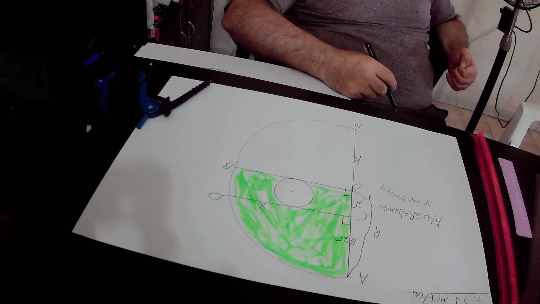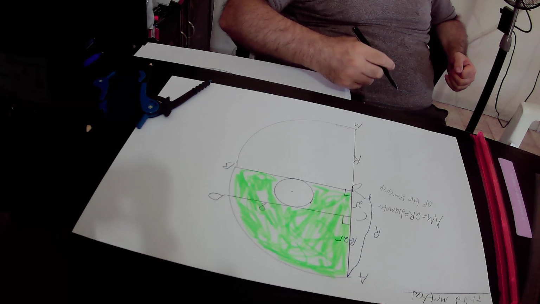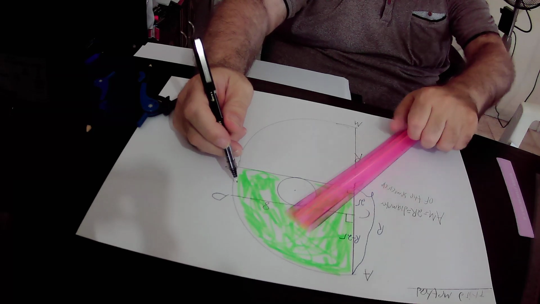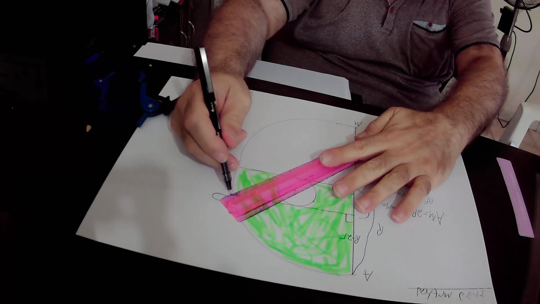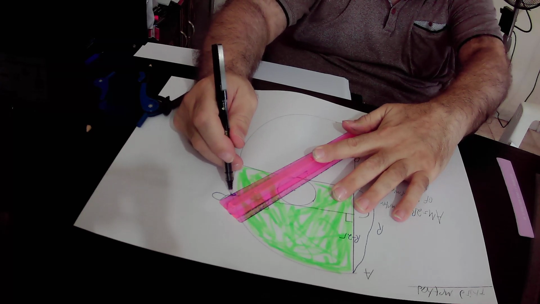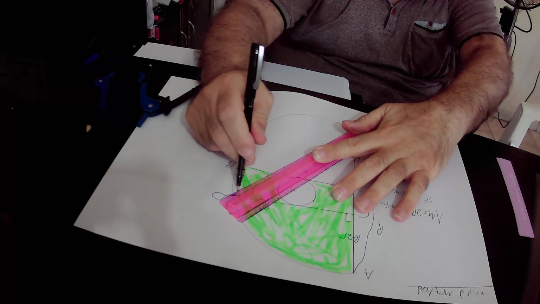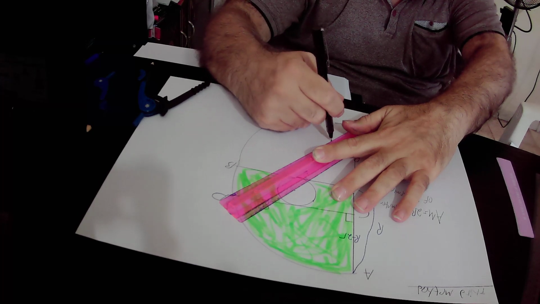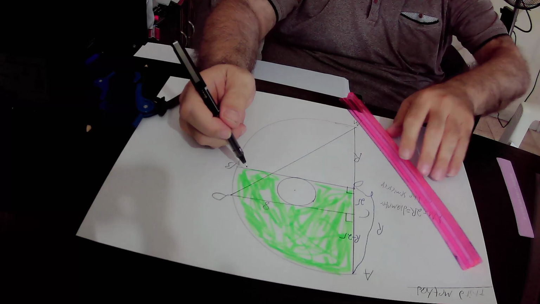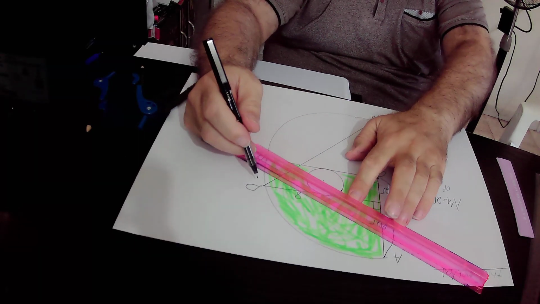So here we will join points M and D together by a straight line. We will join points A and D together by a straight line.